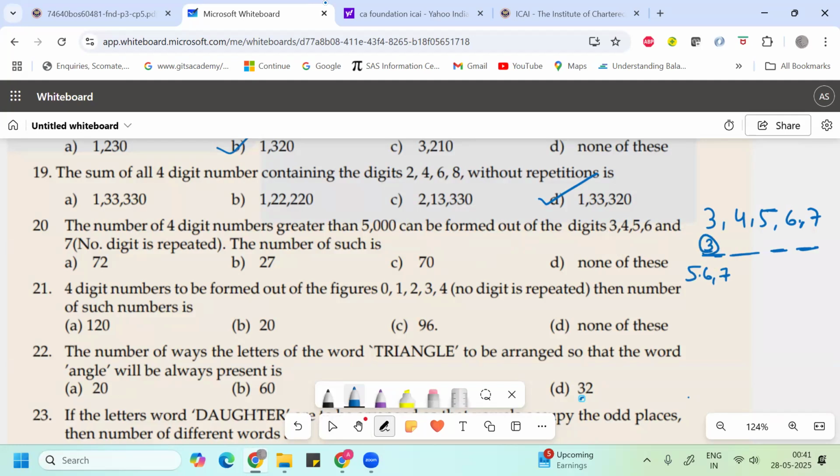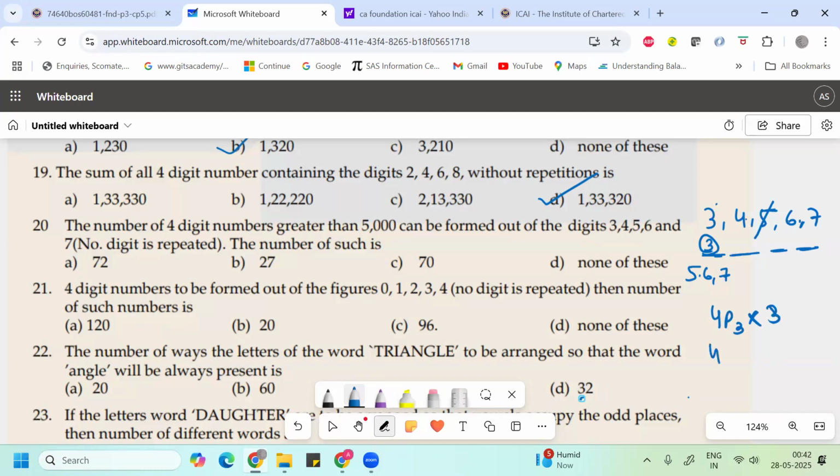Now you have three places where you have used one digit. Suppose I have used 5. So now I have 3, 4, 6, 7, four digits, and three places. Any of the four digits, but the places are three. So that can be filled in 4P3 ways, and the first place any of three digits can come.